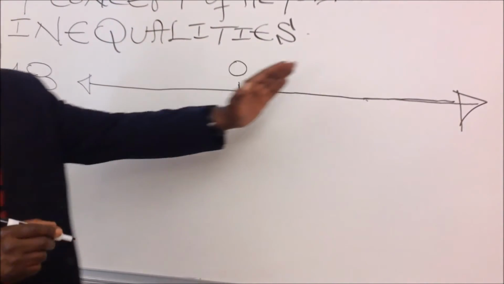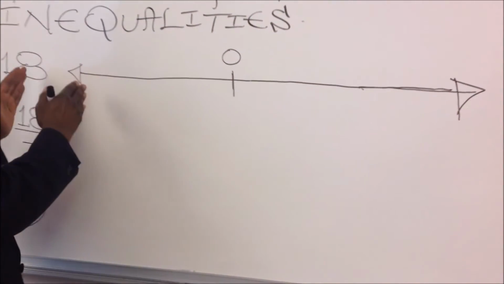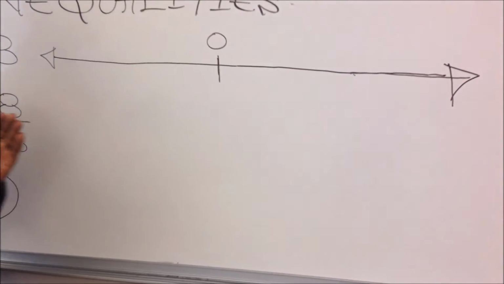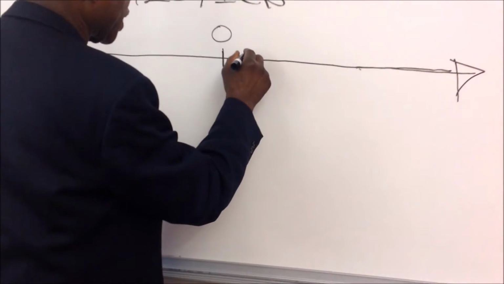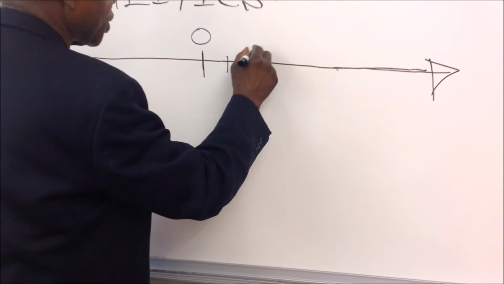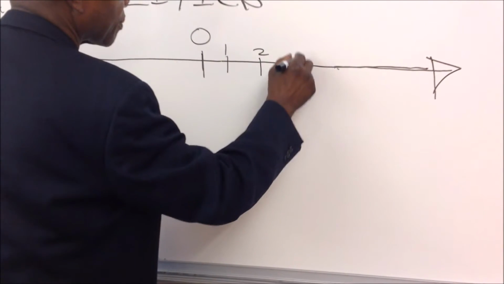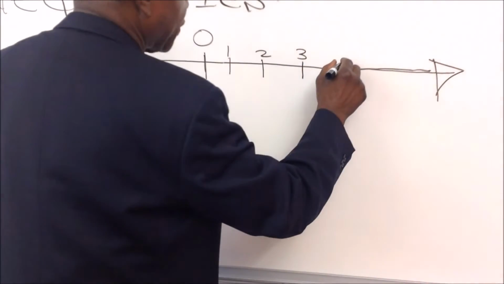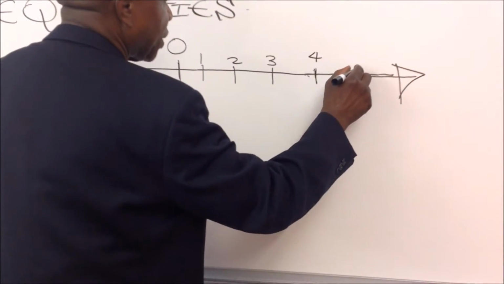Numbers to the right of 0 are of course known as positive numbers. On the other hand, numbers to the left of 0 are known as what? Negative numbers. So we have 1, 2, 3, 4, 5 on the right.